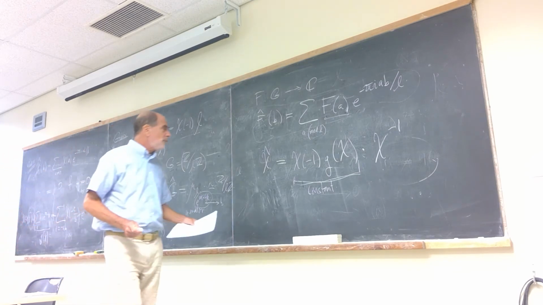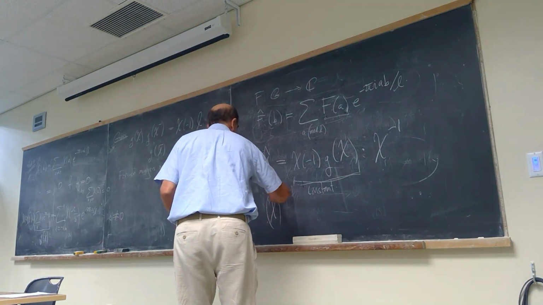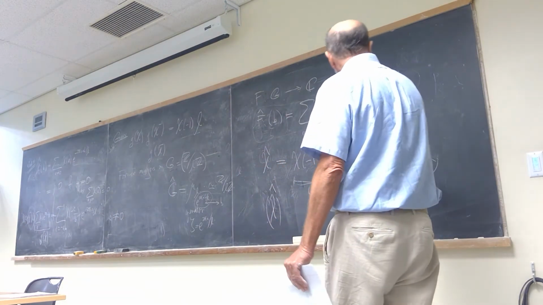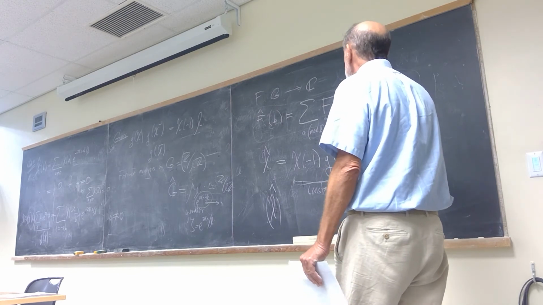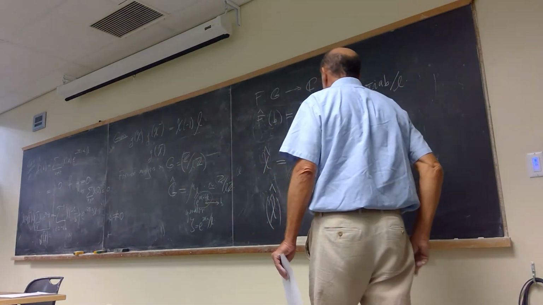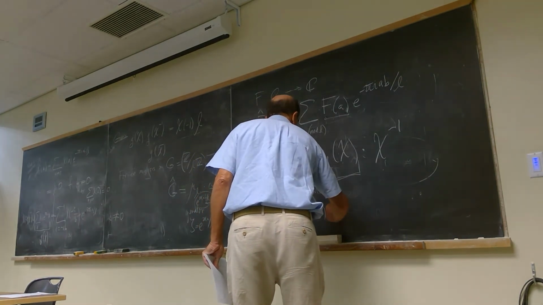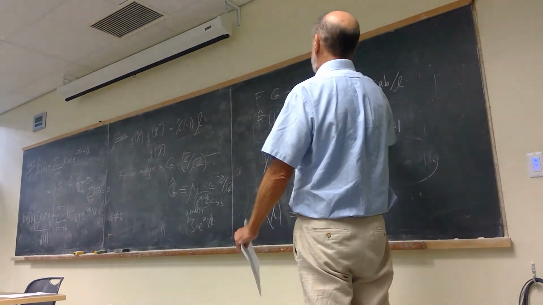So if this is the formula for chi hat, what's the formula for the Fourier transform of chi hat? Well, it's the Fourier transform of this. Fourier transform is linear, so I get chi of -1 g of chi times the Fourier transform of that, but that's the same thing.